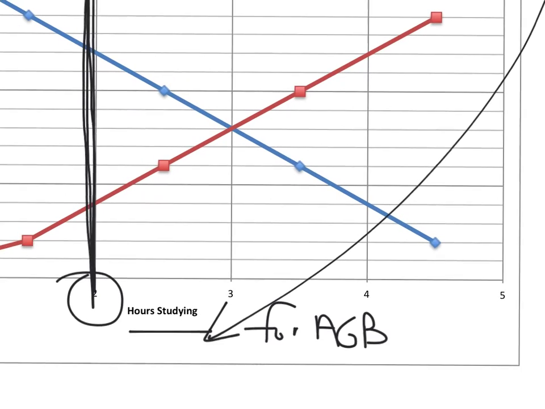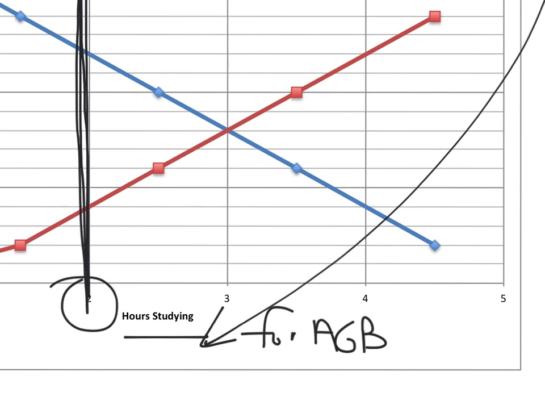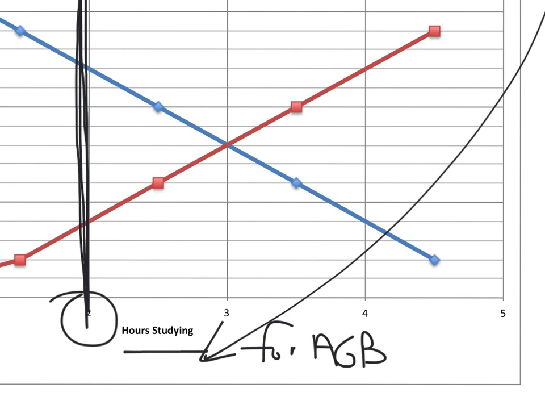What we do is, if you have the total, you can generate the marginal, and inversely, if you have the marginal, you can impute or figure out the total.